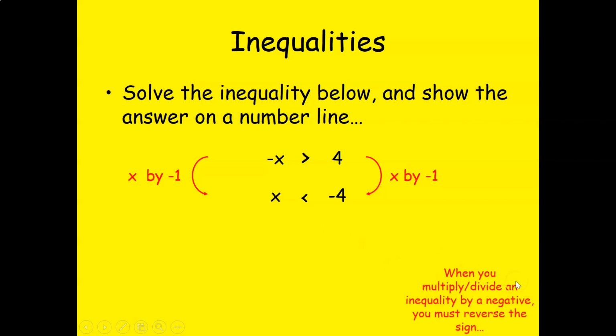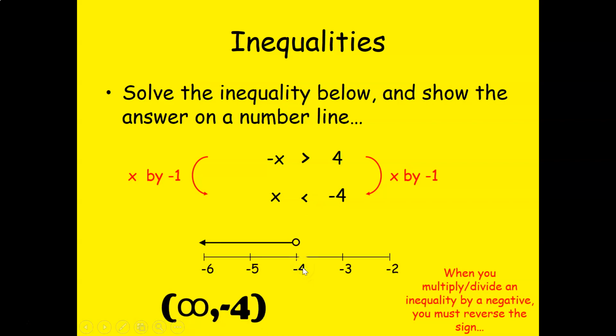When you multiply or divide an inequality by a negative, you must reverse the sign. So this greater than becomes less than. And our graph is a circle on negative 4 and an arrow going to the left. And our notation is negative infinity, negative 4.